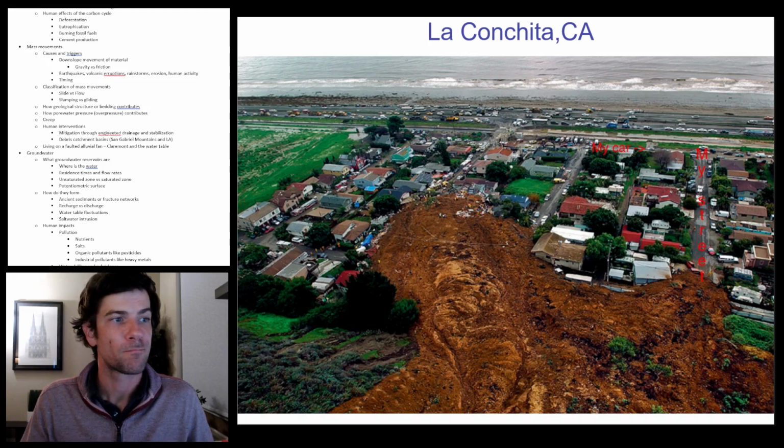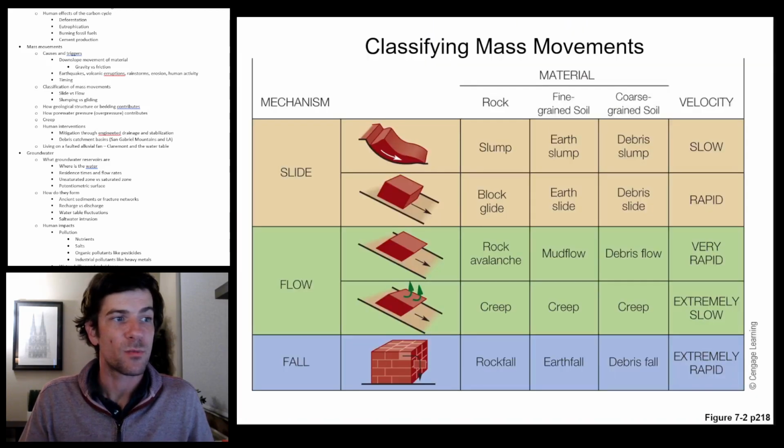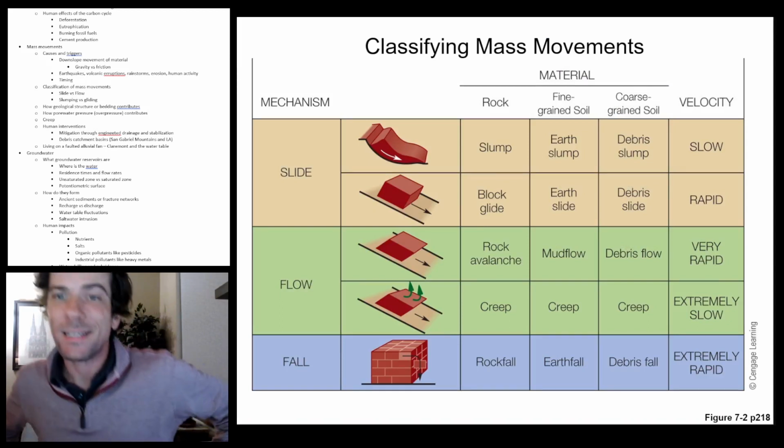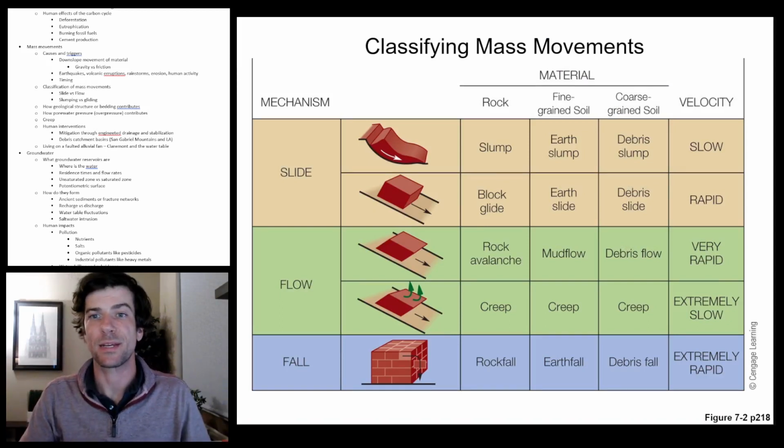Okay, debris flows or mass movements in general can cause tremendous damage, and so they're a topic of great interest in terms of humans dealing with the environment around them. They present a large hazard. Characterizing them, you can have sliding type of behavior versus flowing type of behavior, and obviously falling.